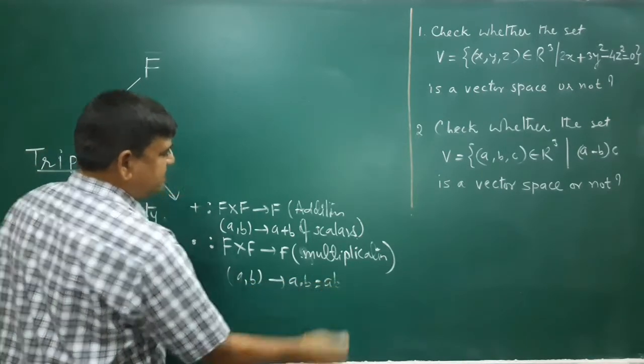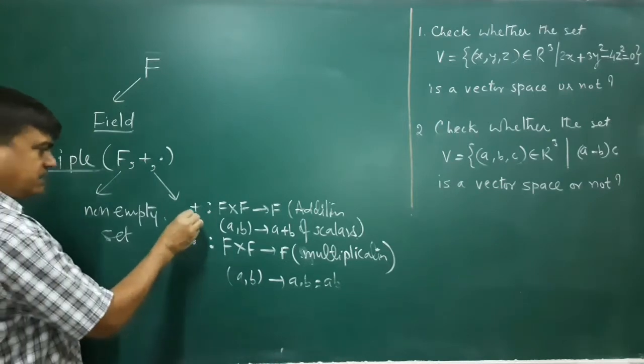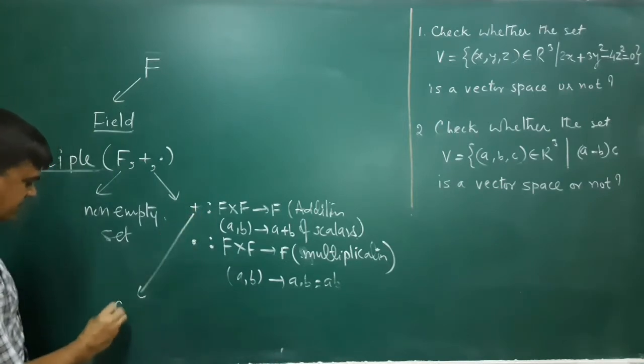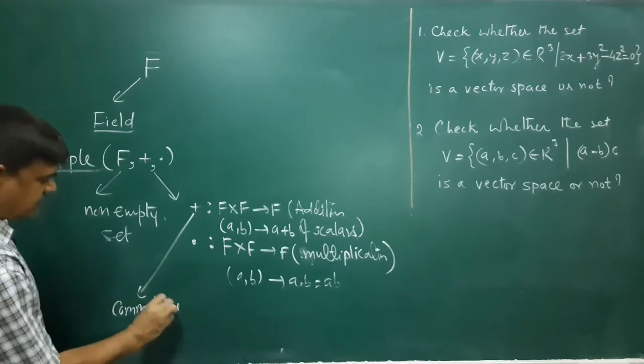Simply say this way. Then this is a commutative group.